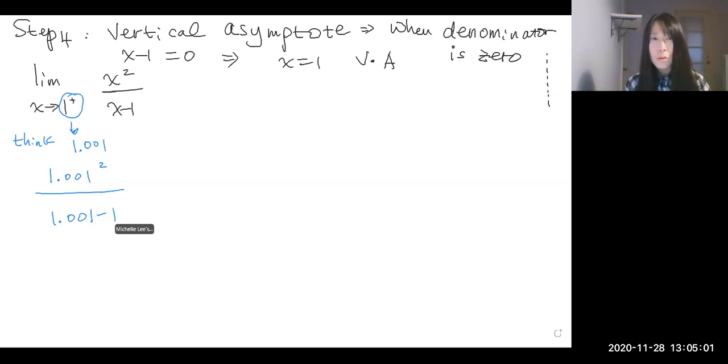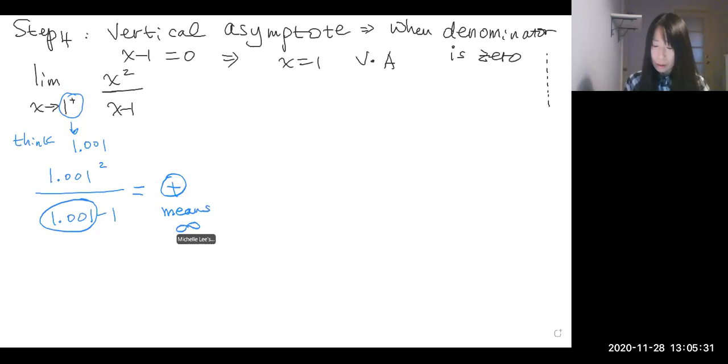We don't have to calculate. We can just check whether it is positive or negative, right? This is positive, it's more than 1. We subtract, it's positive. So nearby the vertical asymptote, positive means it's positive infinity. Let me write that down.